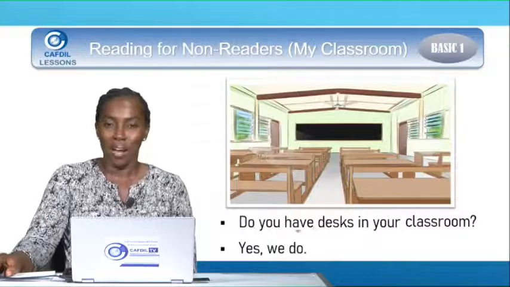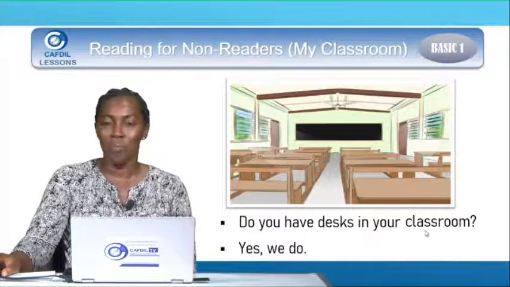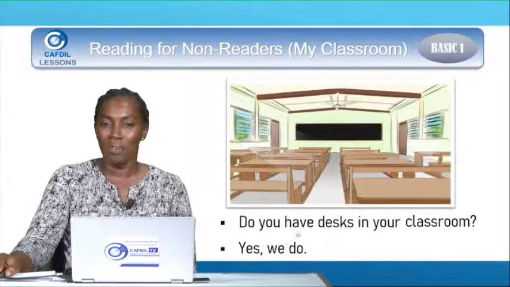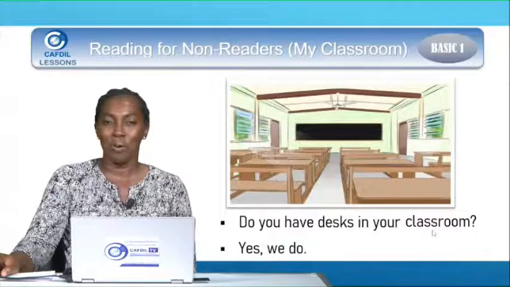Do you have desks in your classroom? Let's all read.